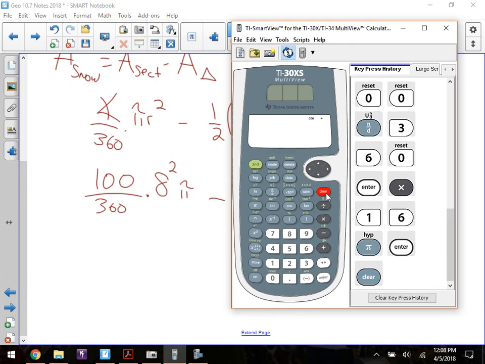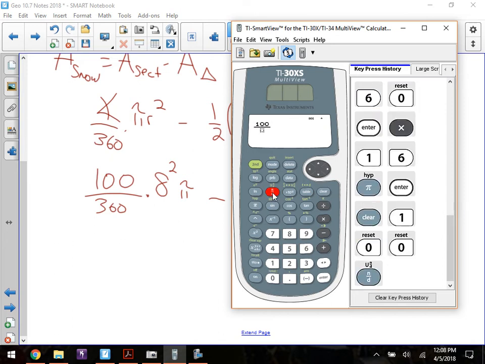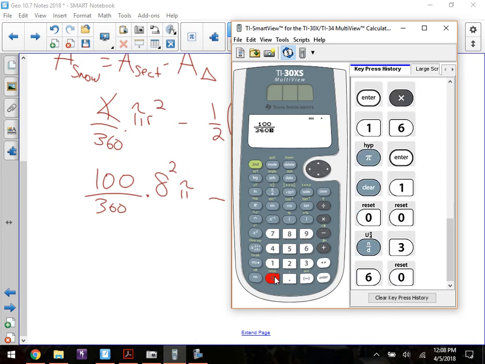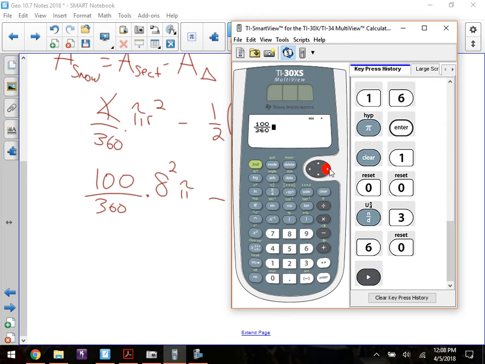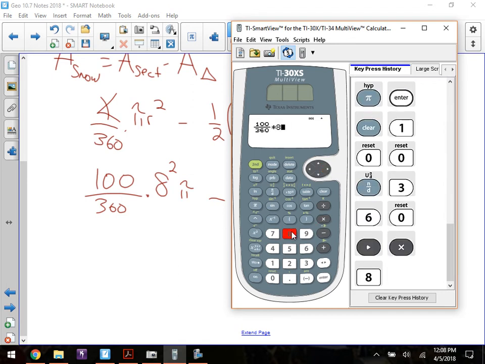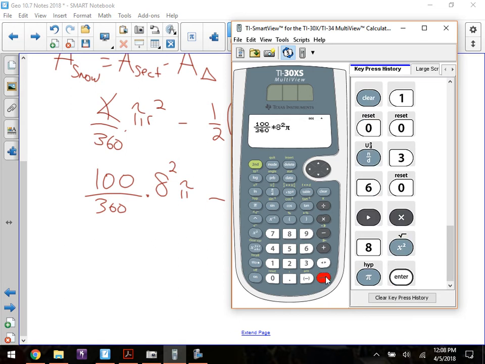If I type in this part first, 100 over 360, times 8 squared times pi, I get that. I don't care what the decimal is for that right now. All I know is it's 160 pi over 9.